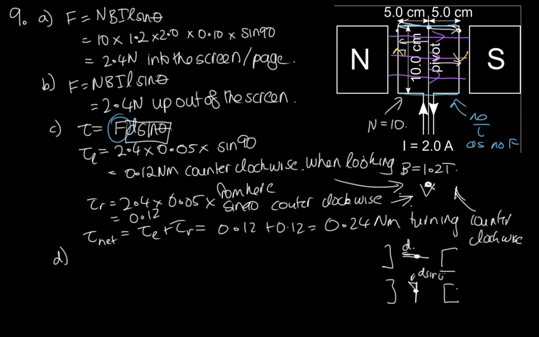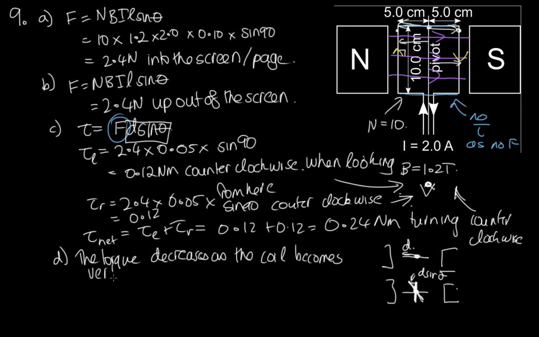So when it's turned in that direction, you can see d sine theta is equal to d. Here d sine theta is getting smaller, and here d sine theta is actually 0. The horizontal distance from this axis is 0. So the torque decreases as the coil becomes vertical.